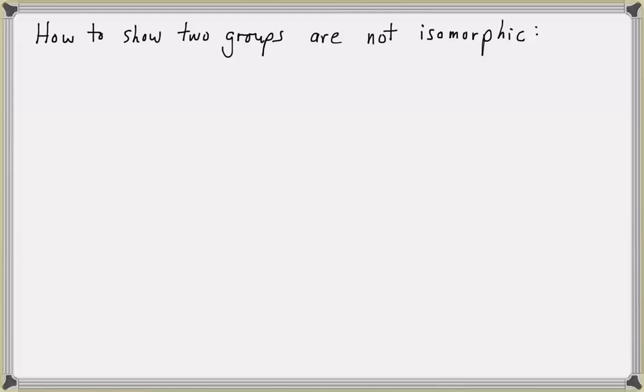We know that if two groups are isomorphic, then all their structural properties are the same. If we can show that one group has a structural property that the other group does not, then we can conclude that the two groups are not isomorphic.